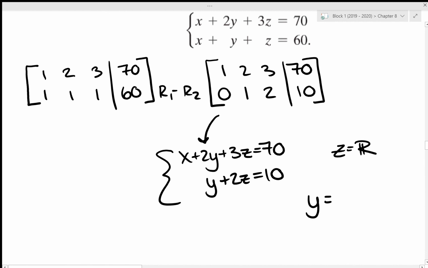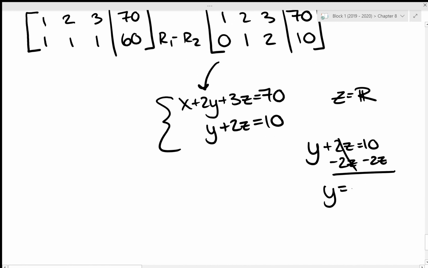So y plus 2z equals 10. I'm going to minus 2z from both sides. So I get y equals 10 minus 2z, or negative 2z plus 10. It doesn't matter. Pearson's going to mark you right regardless. I just like putting the letters first. It's just something I do.